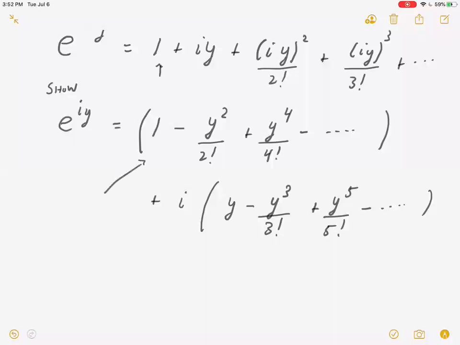This should be familiar to you from elementary calculus. The first term in the parentheses is simply the cosine of y. It's the Taylor series for the cosine of y. And the second term is the Taylor series for the sine of y.